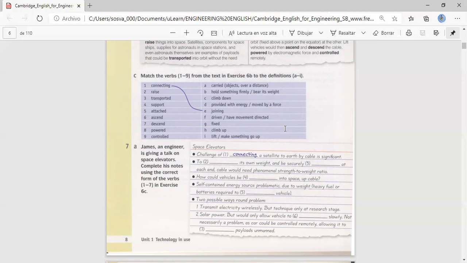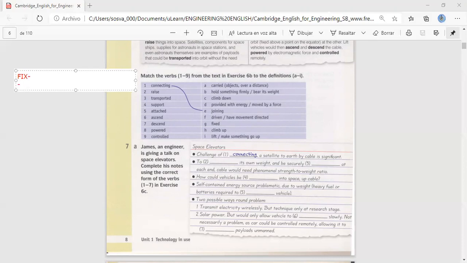So let me see. I'm going to explain something. It says, some of the verbs have more than one meaning. Oh, this is interesting. Let me see if I can write it down in here. For example, fix. The verb fix has different meanings.